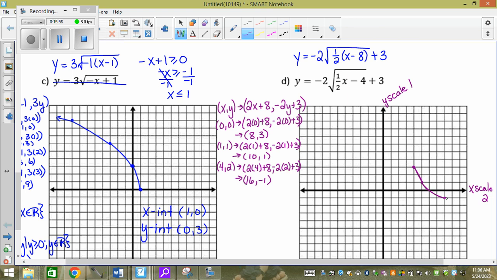That's the right way. And then 9, 3. We run into problems. So it's going to be 2 times 9 plus 8, comma, negative 2 times 3 plus 3. So I get 18 plus 8, which is 26, which is too big. And then negative 3. So I'm just going to extend this a little bit.